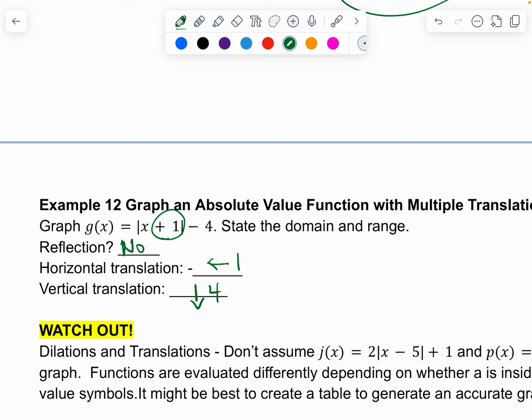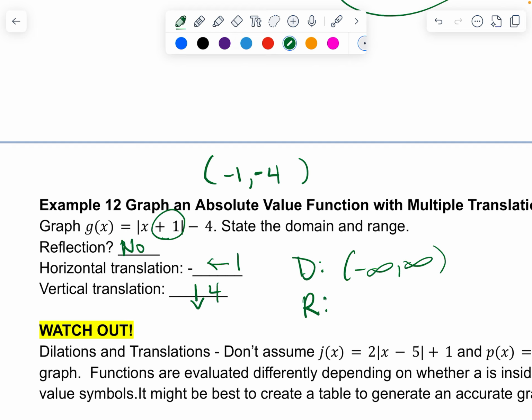Then it says domain and range. The domain is all real numbers, so it's going to go from -infinity to +infinity. The range on this, okay? So because it doesn't reflect, that means the vertex point is right here at -1, -4.